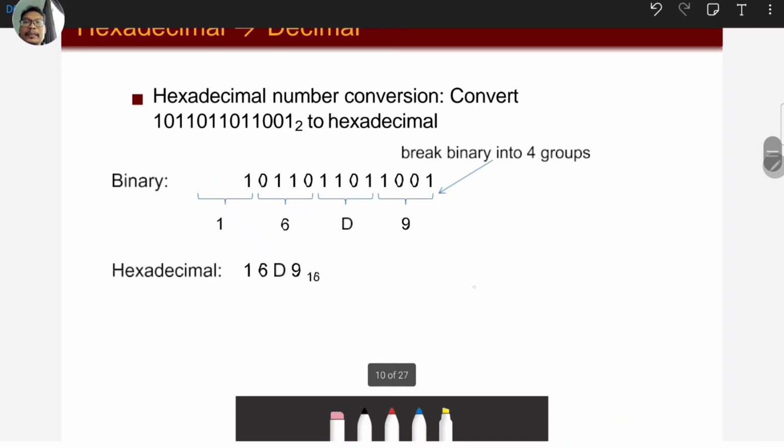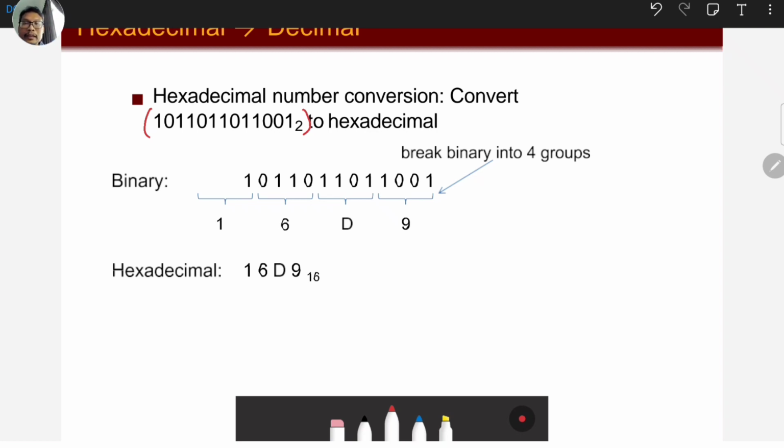Let's look at some examples of hexadecimal number conversion. Let's say you are given this binary, 10110110110001, and you are asked to convert this binary into a hex number. What do you do?